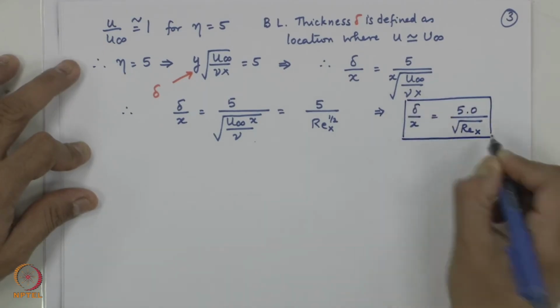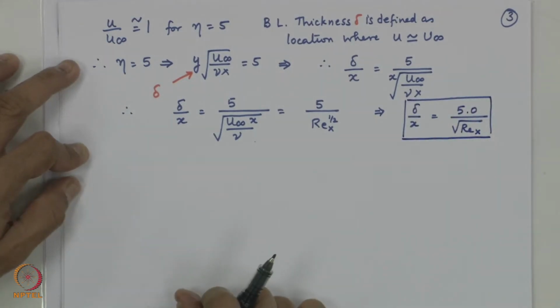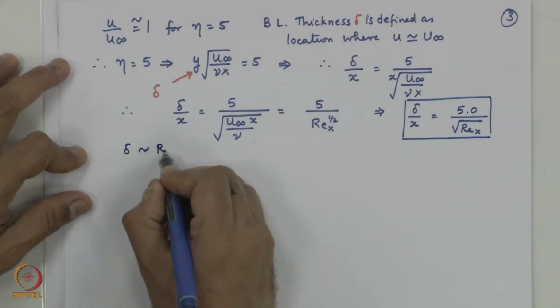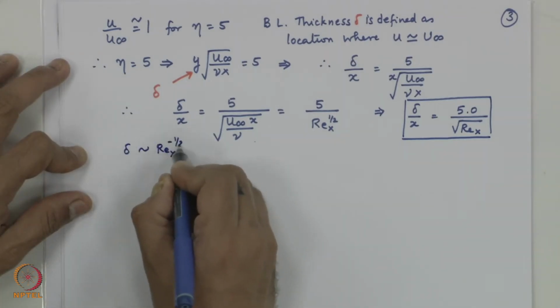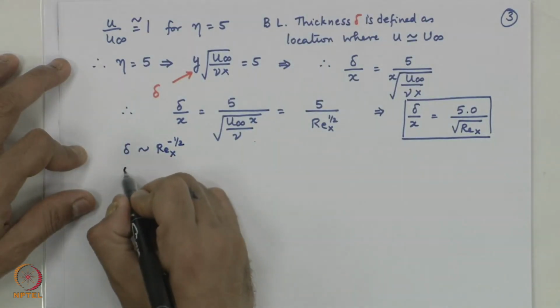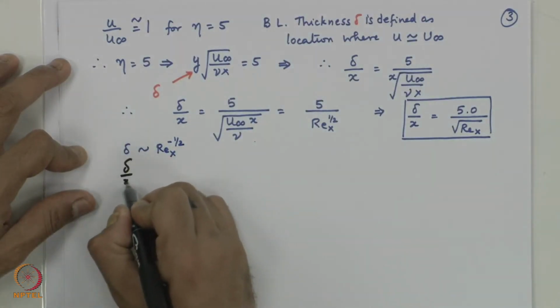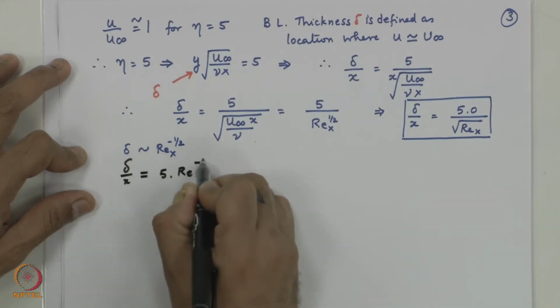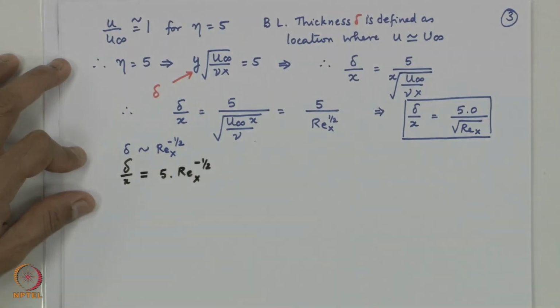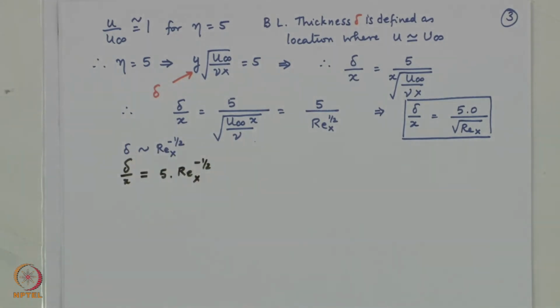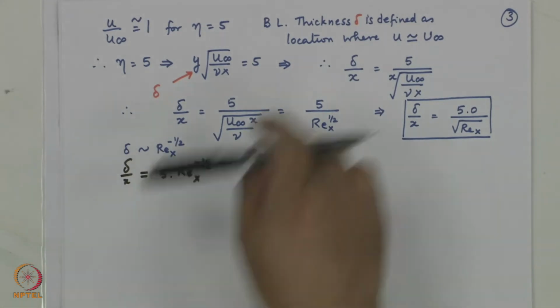So simple and elegant. When we used scaling analysis, we said delta is of the order of Re to the power minus half. Today, with this manipulation, we got delta by x is equal to 5 times Re to the power minus half. That coefficient order was replaced by an equality, and that coefficient came by this analysis.